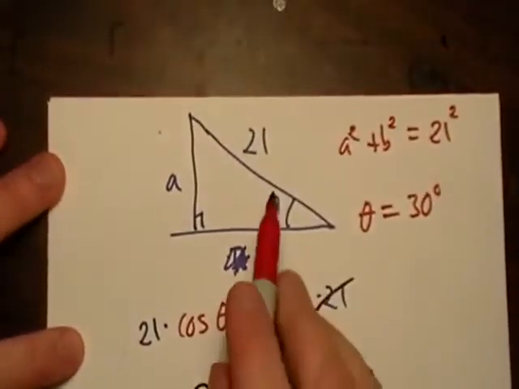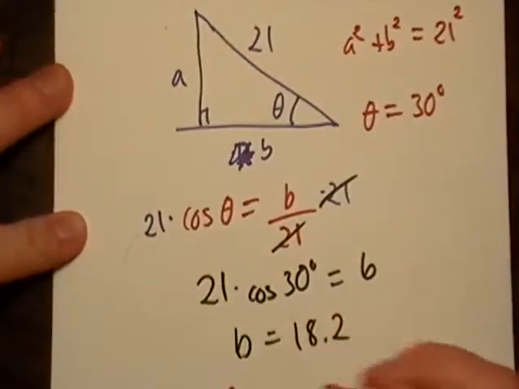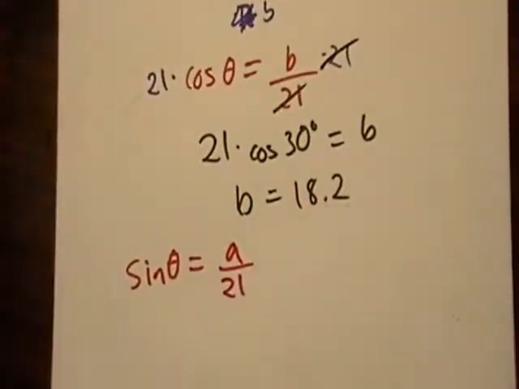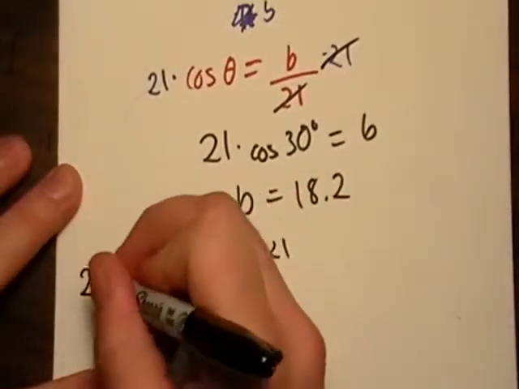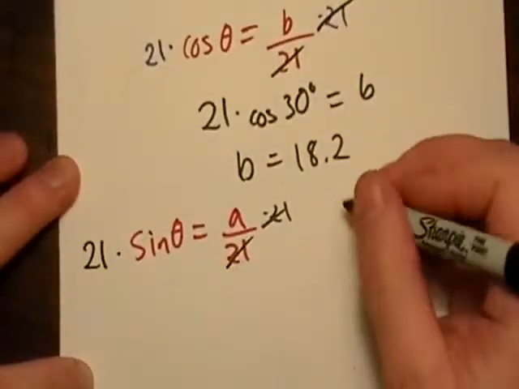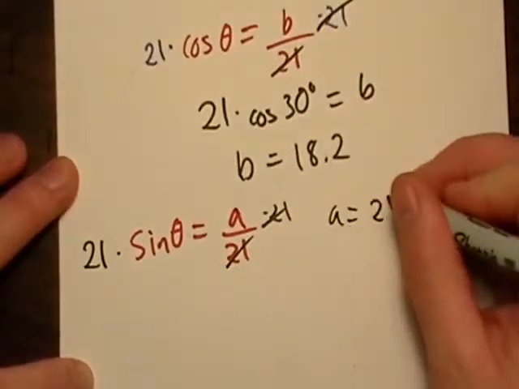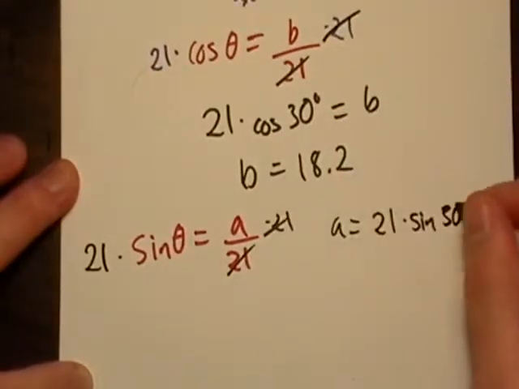Sine theta is worth A over 21, isn't it? Now I'm just going to multiply both sides by 21. This is going to cancel out. I'm going to get A equals 21 times sine of 30 degrees.